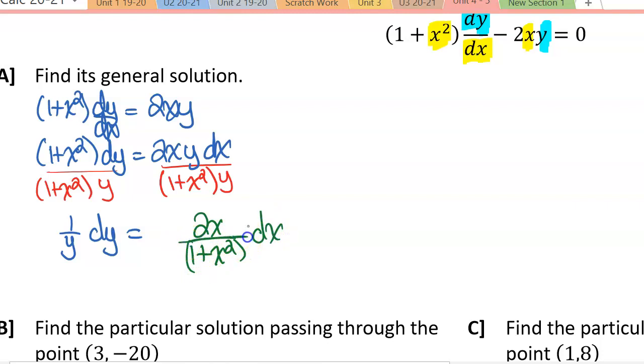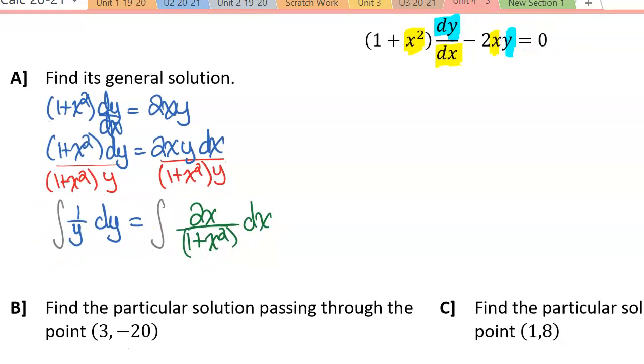So now I have a separated differential equation, which now I can integrate both sides, with respect to y on this side, and in terms of x on this side.